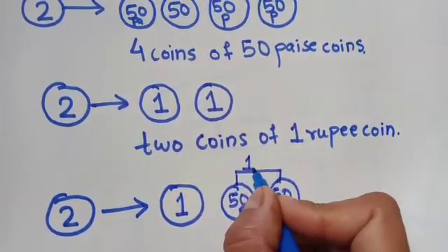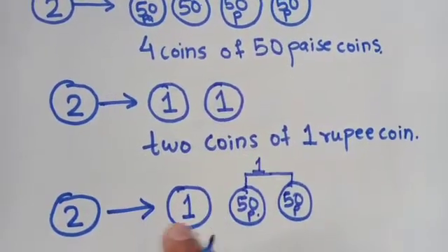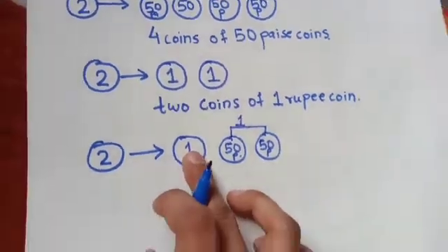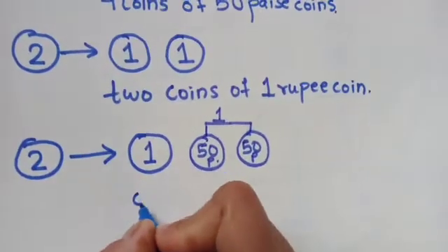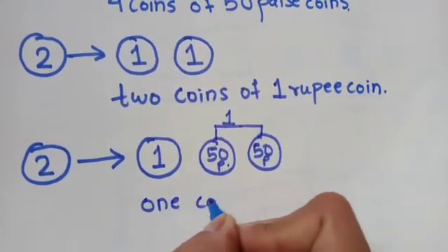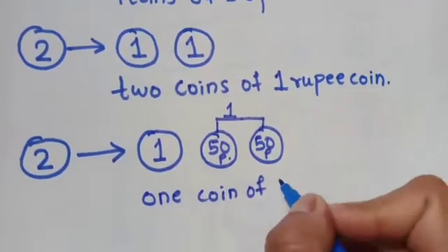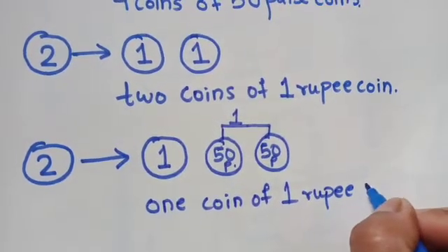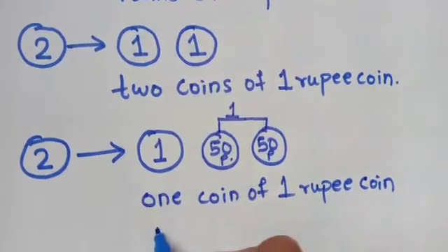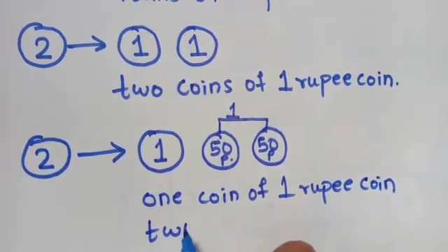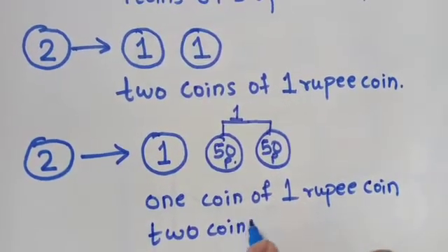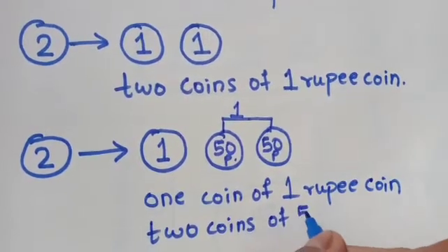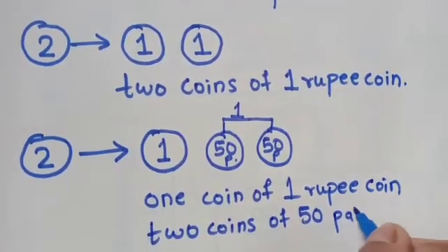This is 1 rupee, and 1 plus 1 is how much? 2. Therefore, 1 coin of 1 rupee, and 2 coins of 50 paise coin.